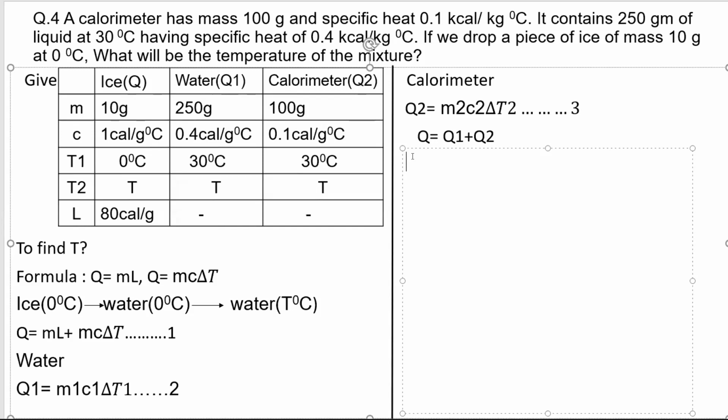Q is mL plus mc delta T. Mass of ice is 10 into L is 80 plus mc delta T, that is m is 10 into C into delta T. Delta T is difference in temperature, means higher temperature minus lower temperature, that is T minus 0, because ice is absorbing heat, so its temperature is increasing.